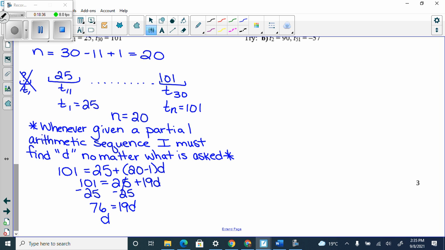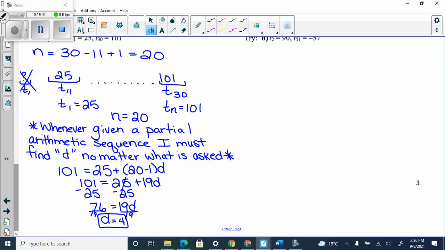And D equals 4, I believe. 76 divided by 19 should be 4, because 80 divided by 20 is 4. So we got D equals 4.